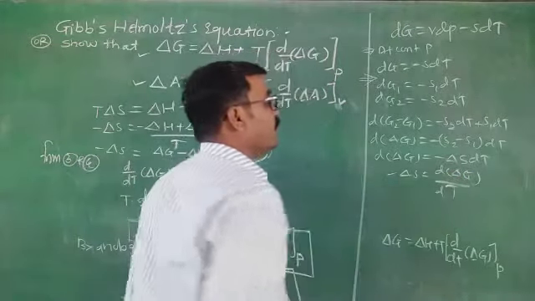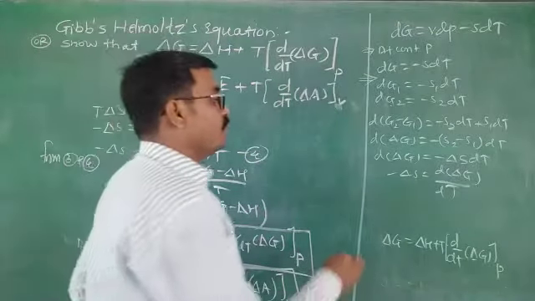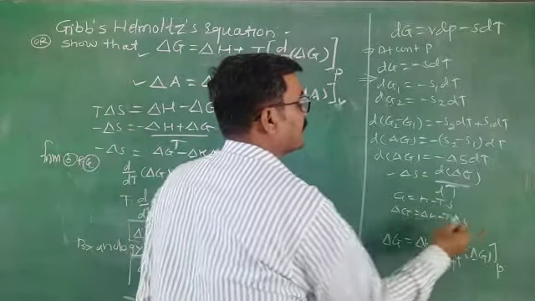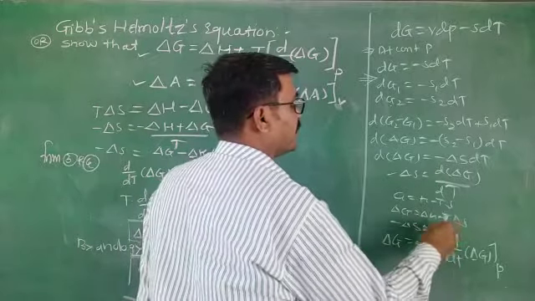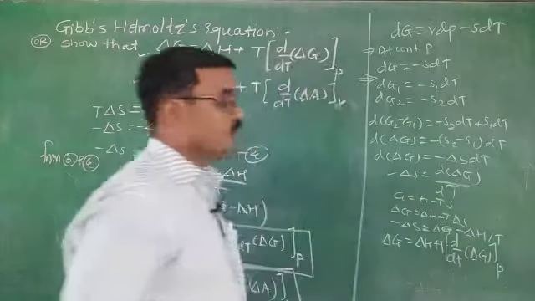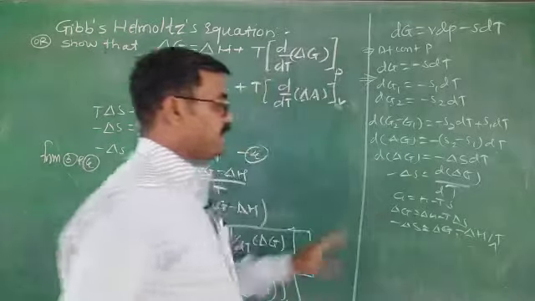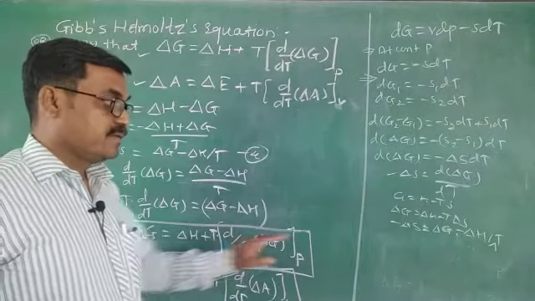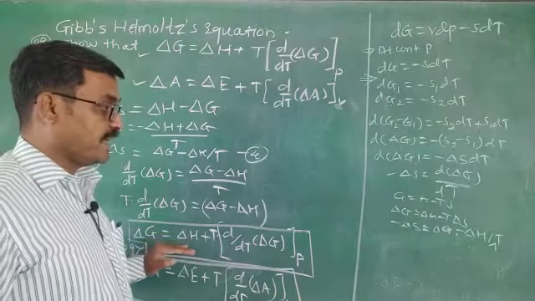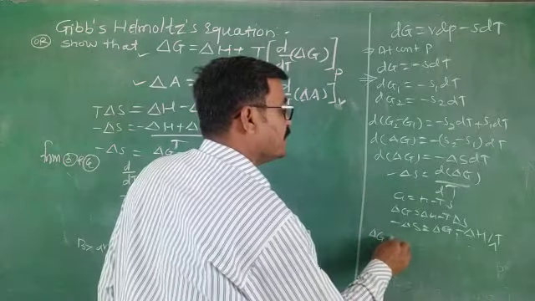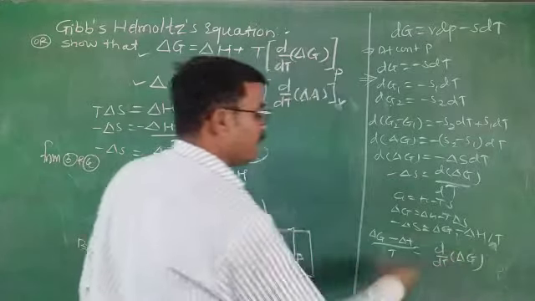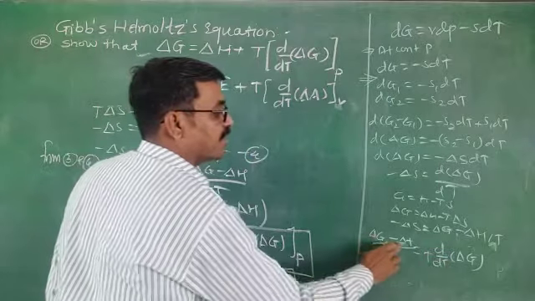Now further, you know G equals H minus TS, so delta G equals delta H minus T delta S. From this, minus T delta S equals delta G minus delta H, so minus delta S equals (delta G minus delta H) upon T. Now equate these two, because the left-hand sides are the same. So (delta G minus delta H) upon T equals d/dT of delta G. Cross multiplying, T goes to the other side, and minus delta H goes to the right-hand side.